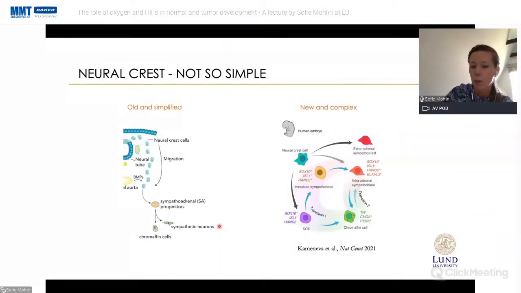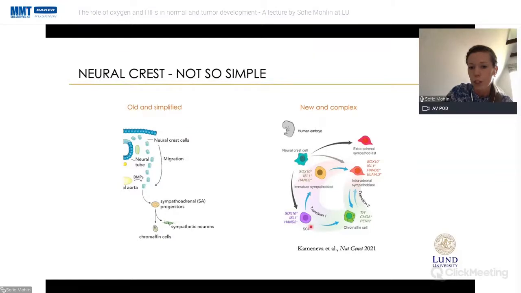This is from a paper from Igor Adameyko's lab that was published very recently, where they did single-cell RNA sequencing of human fetal adrenal gland. As you can see, indeed, the neural crest cell can differentiate into sympathoblasts, both intraadrenal and extraadrenal.